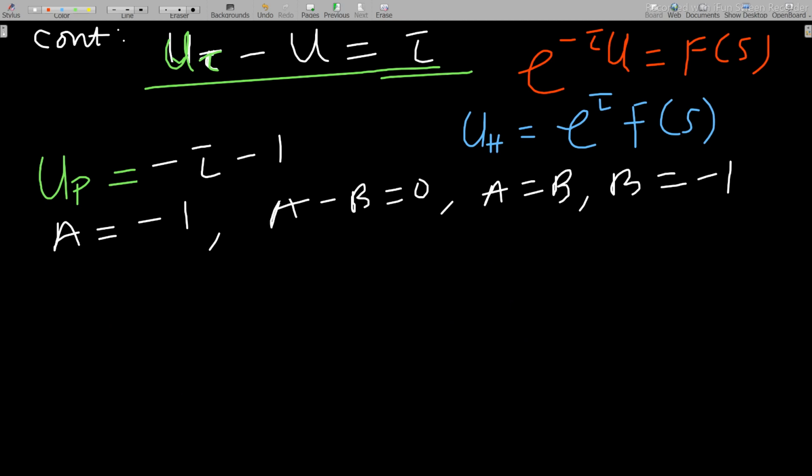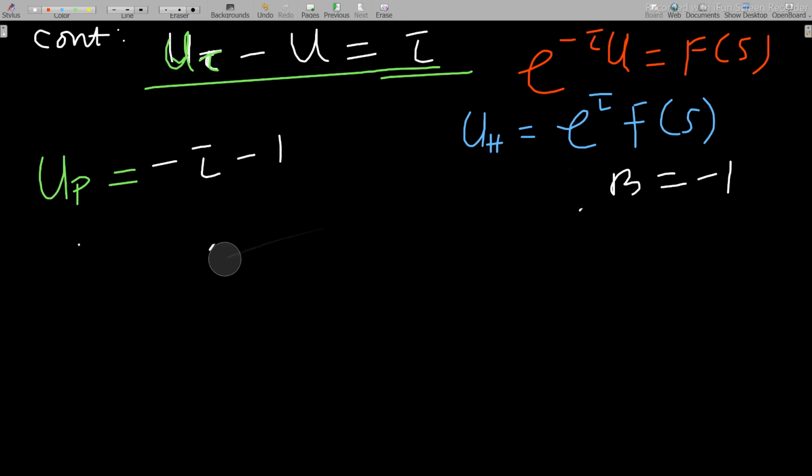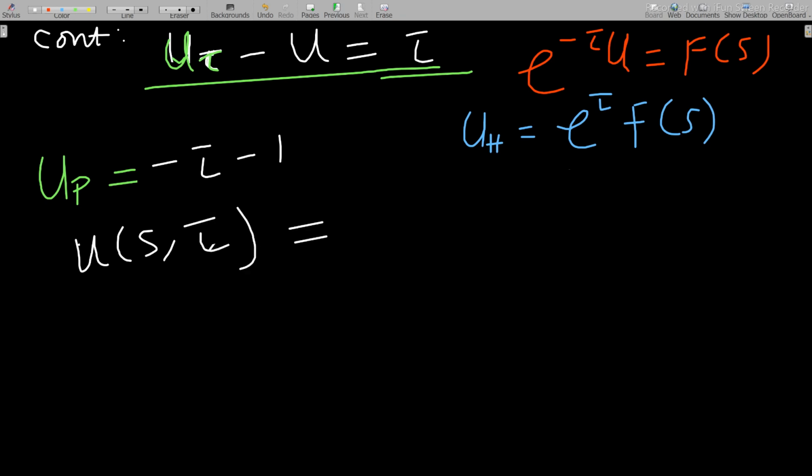So this is my particular solution. So I simply come back here and write my solution for this whole question that we were solving, and we are saying that the solution is u of s, tau, since we are dealing with tau and s, it should be equal to u homogeneous plus u particular.